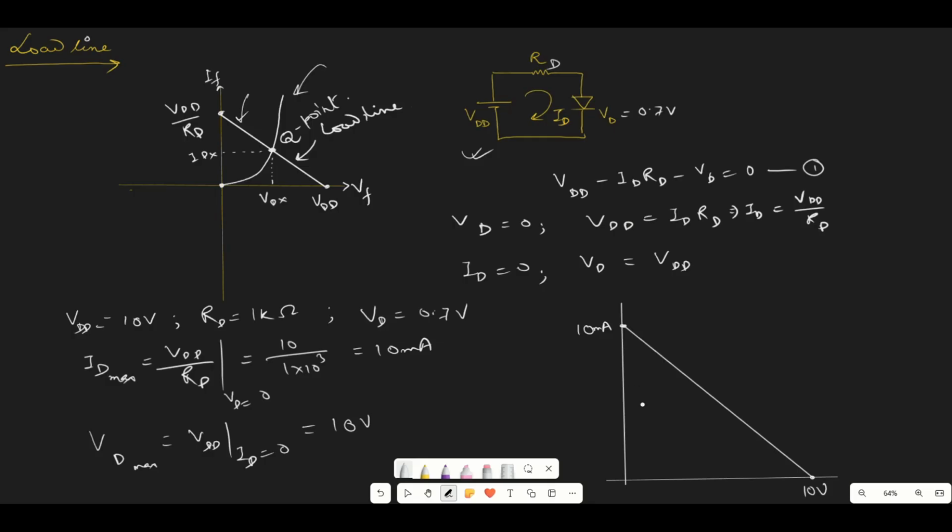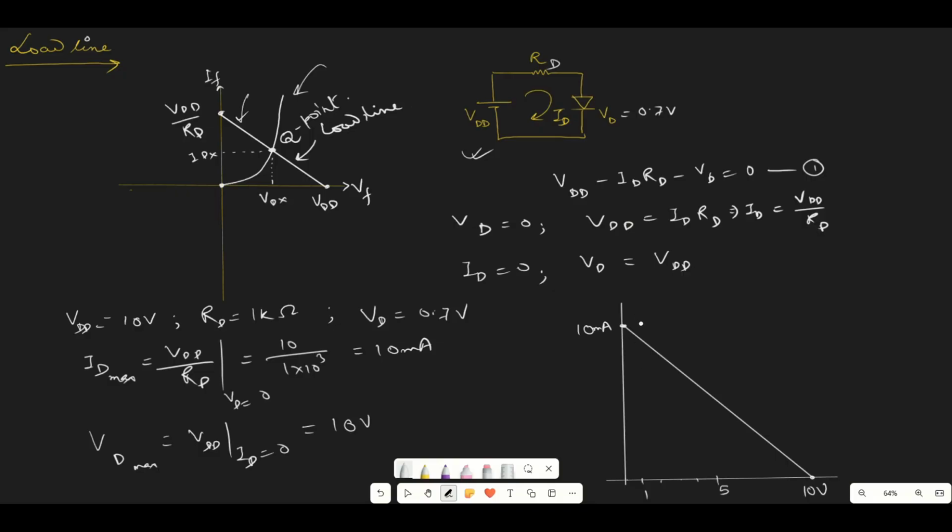Now to determine the Q point, as we know, the Q point should intersect with the diode characteristic. Since this is 10 volts, this will be somewhere around 5 volt. So accordingly 1, 2, 3, 4, 5. This is 1 volt. Now what we know is that the diode characteristics will never go beyond 1 volt.